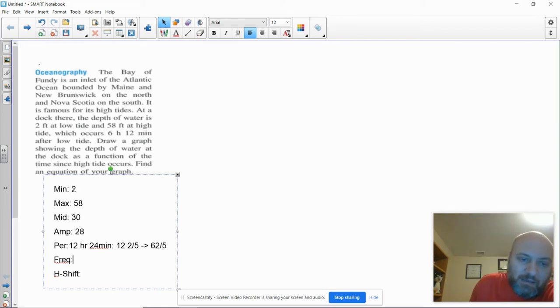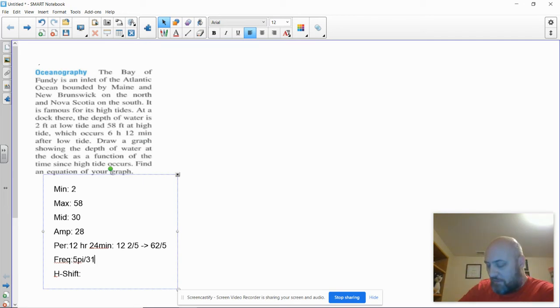So 2 pi divided by 62 fifths is 2 pi times 5 over 62, which would be 10 pi over 62, which would reduce to 5 pi over 31. That would be my frequency.